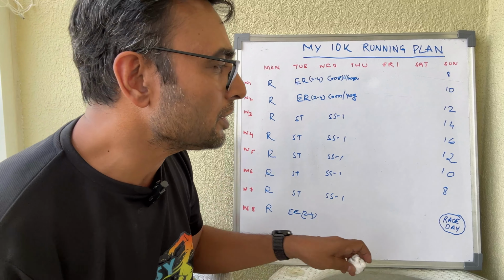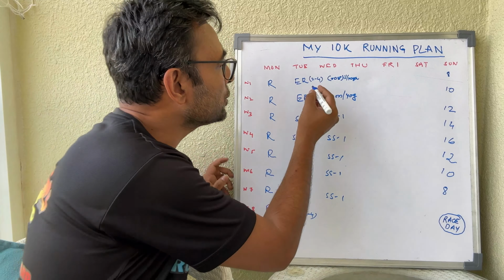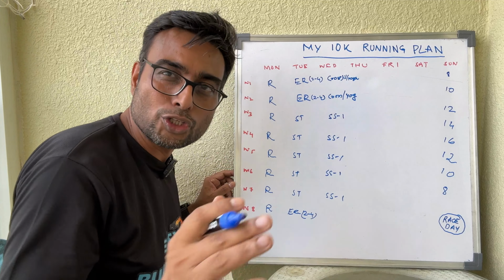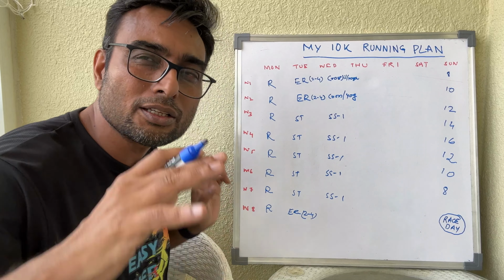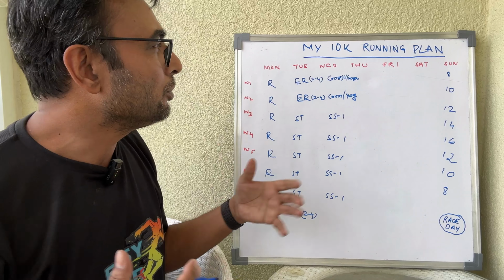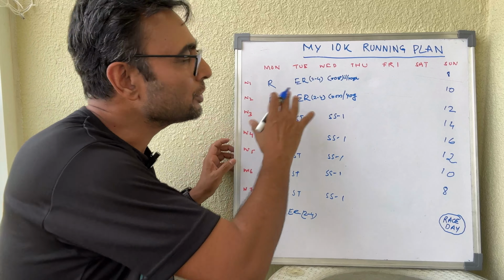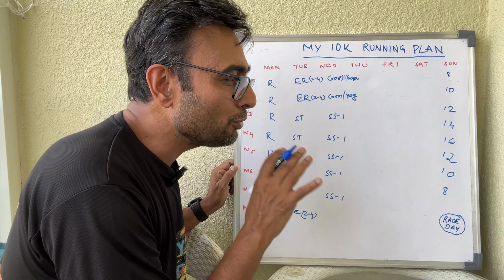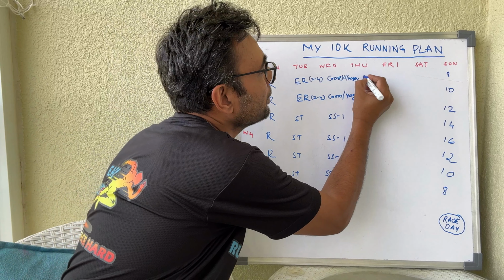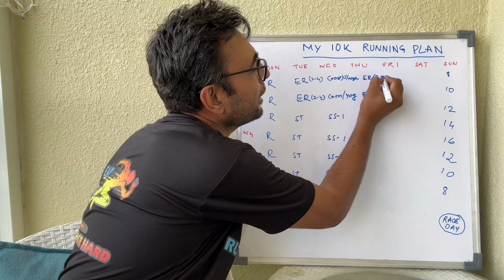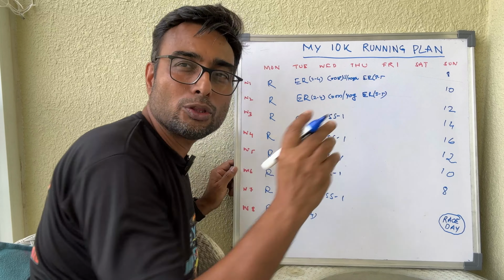So next is Thursday. Again, I would urge you, if you're a beginner or if you can take it easy for the first 2 weeks, which you should. The reason I'm saying this is that your muscles get toned up and you get ready for those interval sessions and tempo sessions. So if you can take it a bit easy for the first 2 weeks, that will be great. What I suggest is you again do some easy runs, maybe 3 to 5 kilometers, in zone 2.